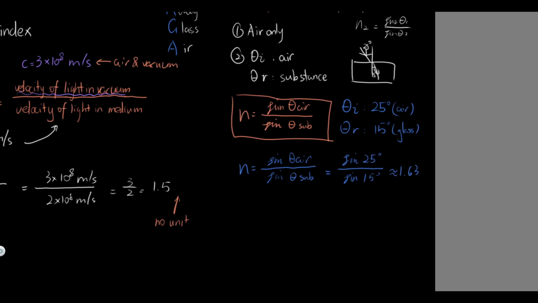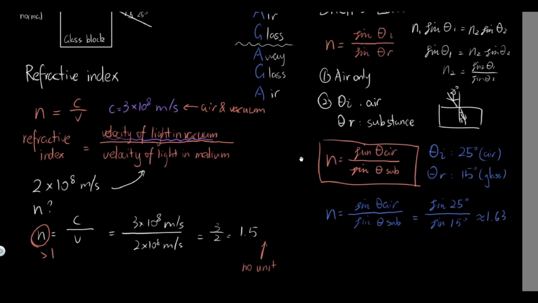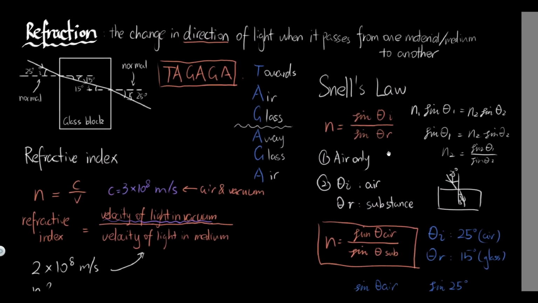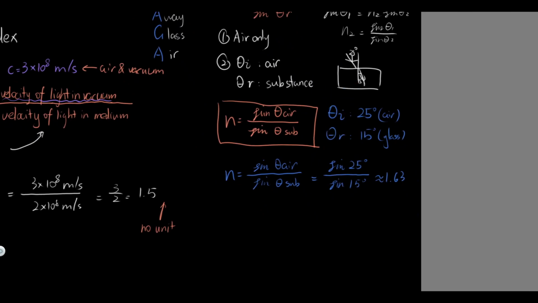That's actually way off from the actual refractive index of glass, because I just used random numbers here. But in the test, you should get something around 1.53 for glass and 1.33 for water. You don't have to remember them, but it's around that range, so you get the idea of how big the refractive index should be.